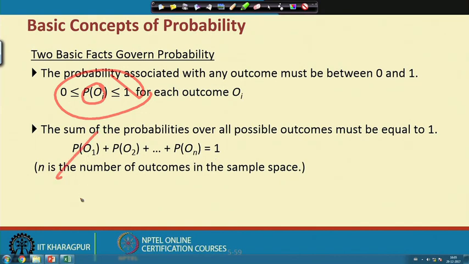So, this is the individual probability: case 1, case 2, case 3. If we add the probability of all possible cases, the sum will always be equal to 1. This is again a standardized structure, like the correlation matrix. This will be very useful for any kind of investigation, and accordingly you can take management decisions.